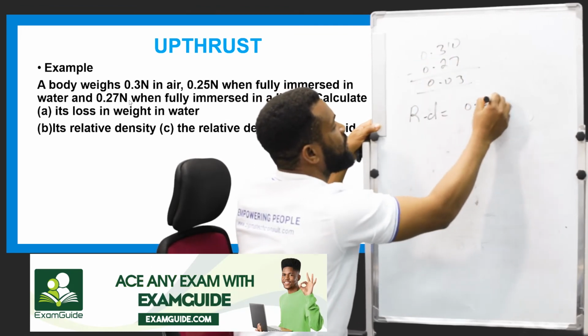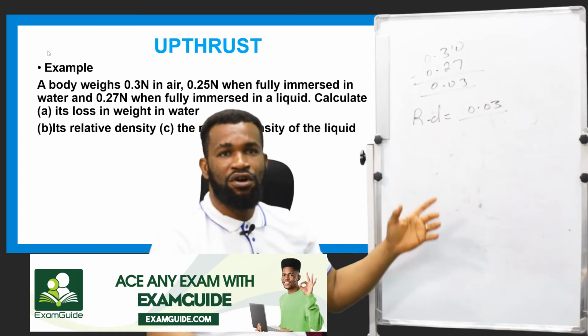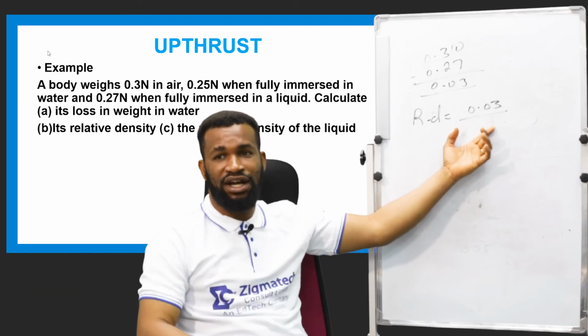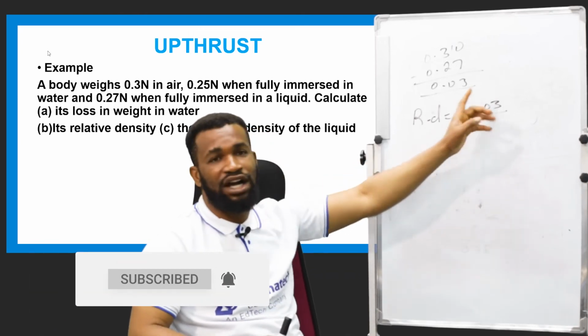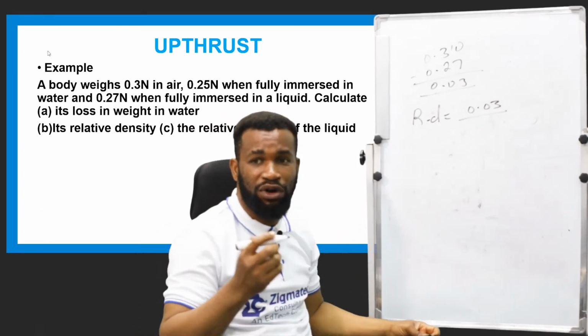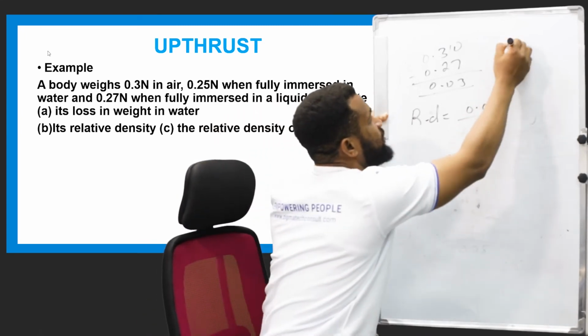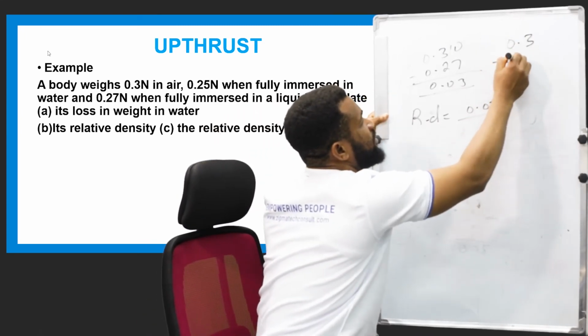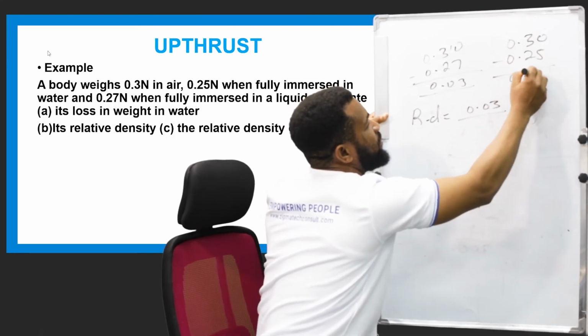Now, the relative density is the upthrust in liquid over the upthrust in water. The upthrust in water, as we said, was 0.05, because you have 0.3 minus 0.25, and this gives you 0.05.